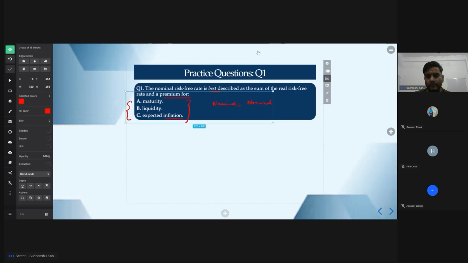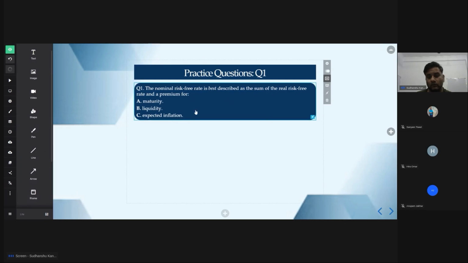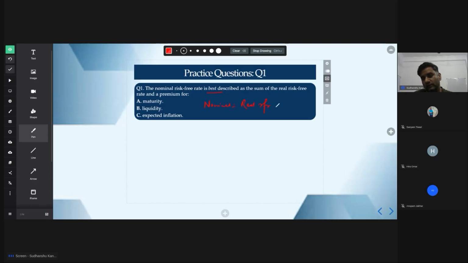So we saw just now in the definition, very easy. When you are trying to find nominal, nominal is your real risk-free rate plus what is the thing? Expected inflation, right? Inflation is the thing, right?